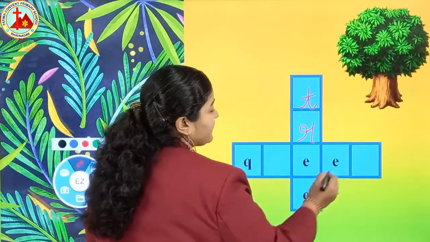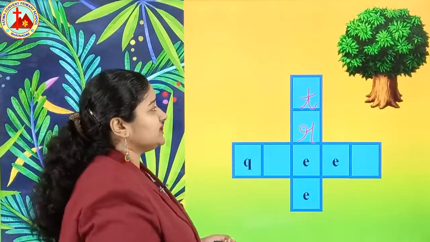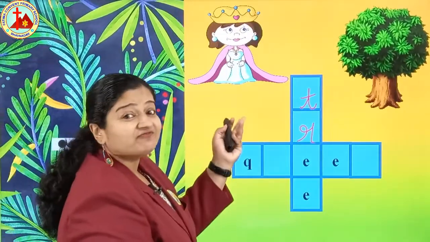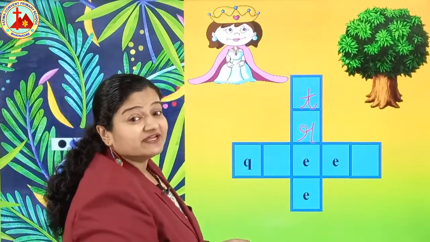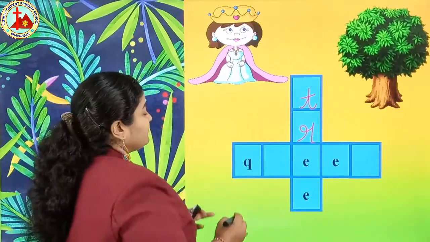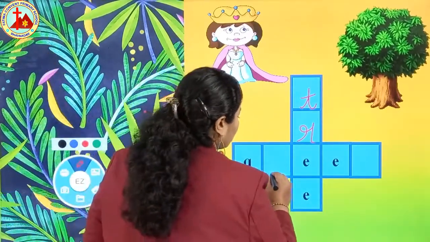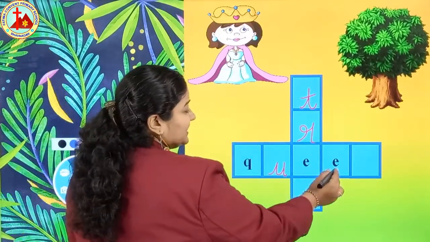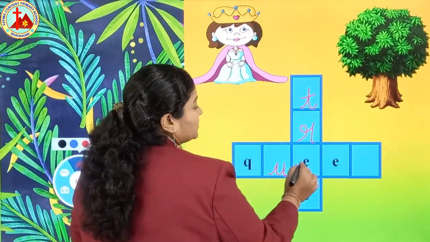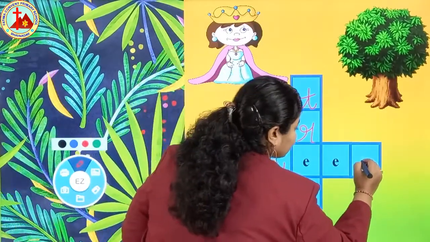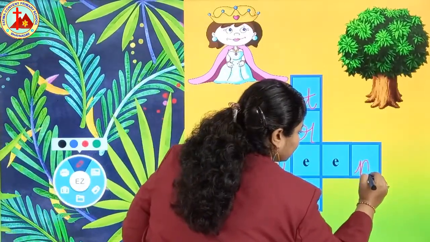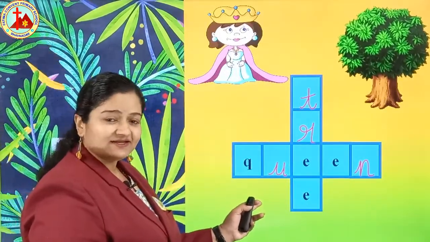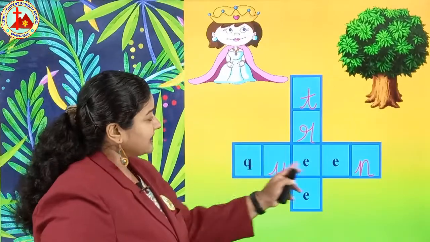Now another spelling. But first we have to see the picture. This is the picture of a queen. Queen lives in a palace. Q-U-E is written. Q-U-E-E-N, queen. Yes, children. So tree and queen.